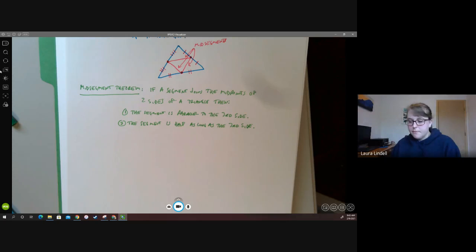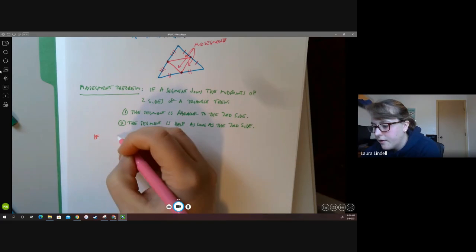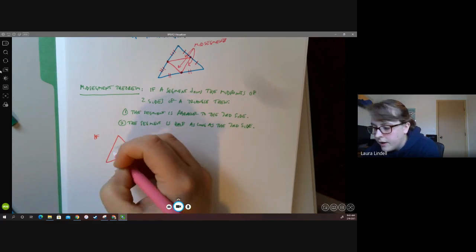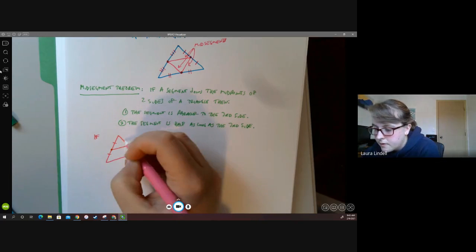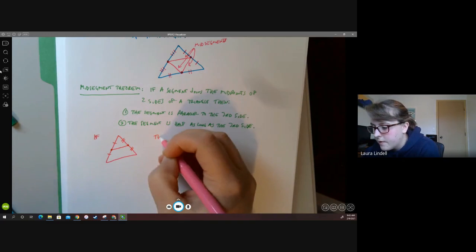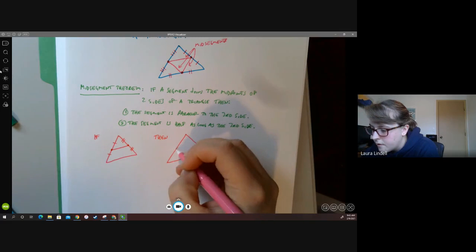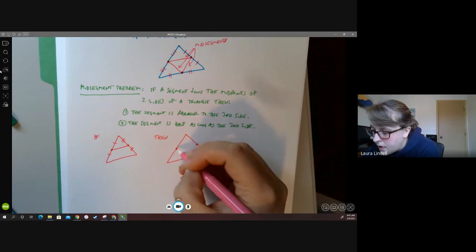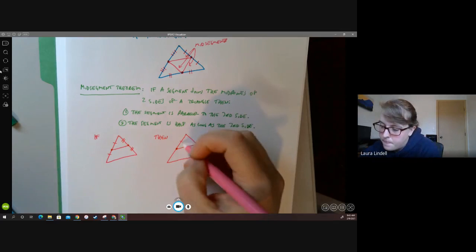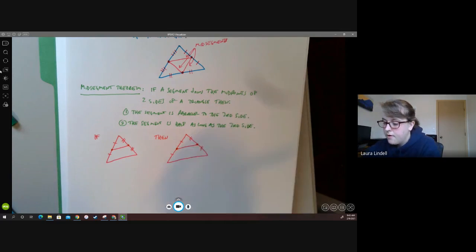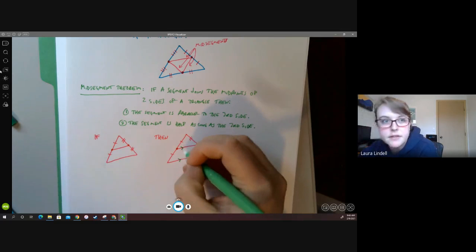Okay, so in a picture, we're saying if we have a triangle and there's this mid-segment, then what happens is that we have parallel sides, so these are parallel to each other.